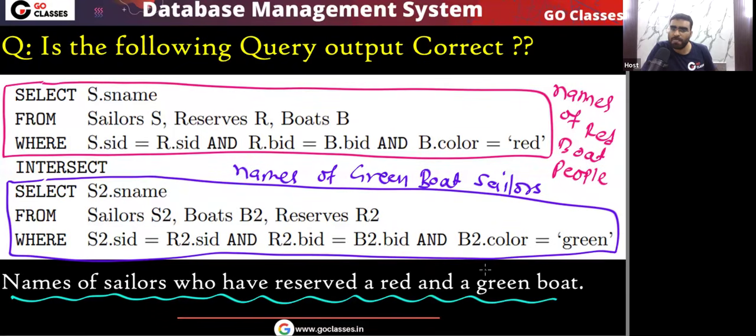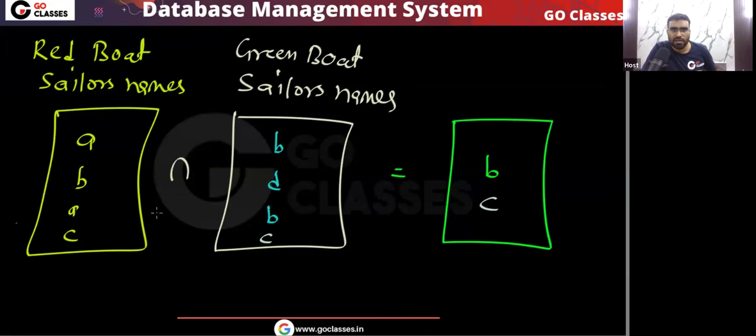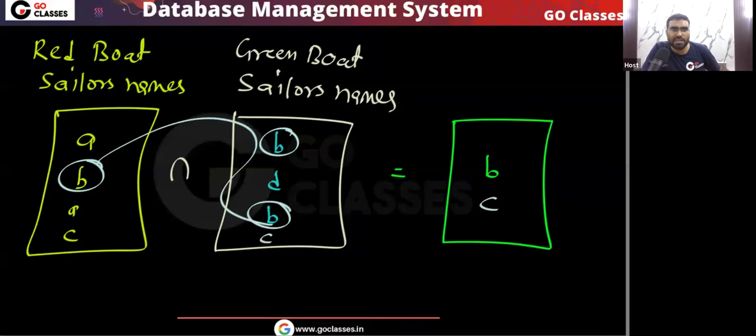Is this correct? No, there is a problem. Where is the problem? You tell me. The problem is this: what if this person, this person, this person are different people, three different people having the same name? So, should we have B in the output?